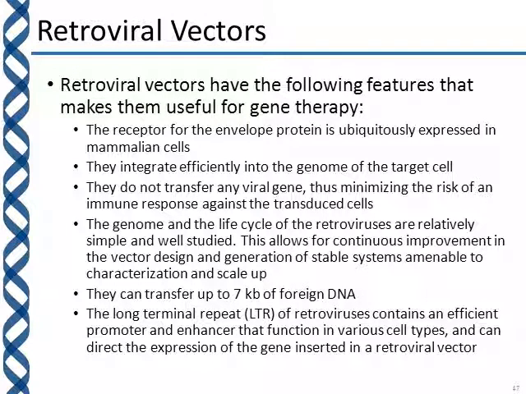They do not transfer any viral gene, thus minimizing the risk of an immune response against the transduced cell. The genome and the life cycle of the retroviruses are relatively simple and well studied. This allows for continuous improvement in the vector design and generation of stable systems amenable to characterization and scale-up.